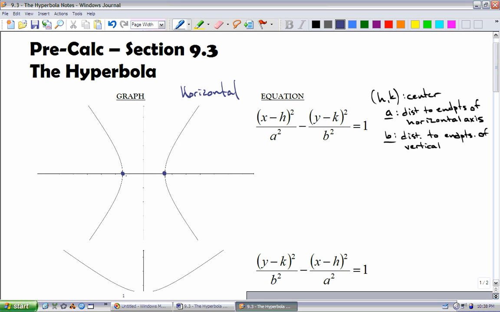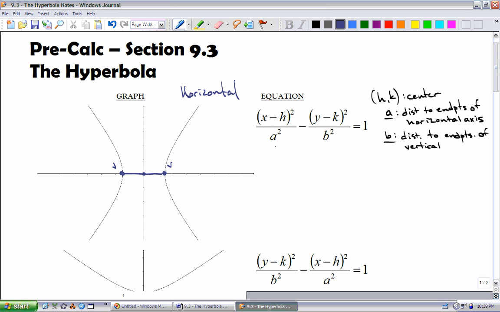Okay? Now, since it opens side to side, I'm going to go ahead and put this in blue. We'll notice that in this case our center is at 0, 0. But it opens from side to side, and when it does, because the x comes first in the equation, you'll notice that our vertices here, a vertex and a vertex, lie on my horizontal axis.